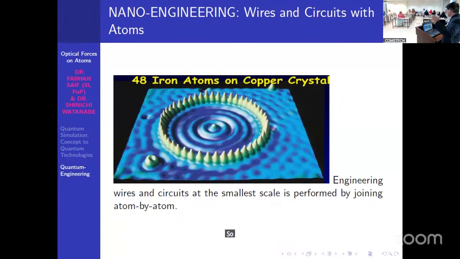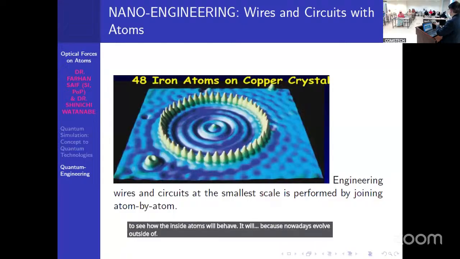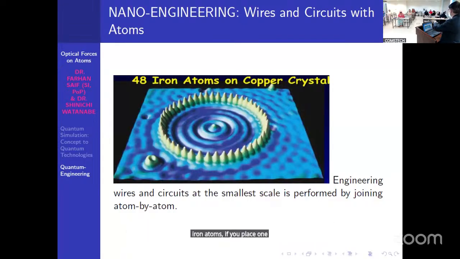The purpose of this configuration was, once it was made, to see how the inside atom will behave. Because now there is a wall of iron atoms outside. If you place one iron atom inside that, how will it behave? Our understanding is that it's a wave, and that is exactly what is happening right here. We see that this atom appears like a ripple, and it moves symmetrically, goes to the walls and then reflects back.